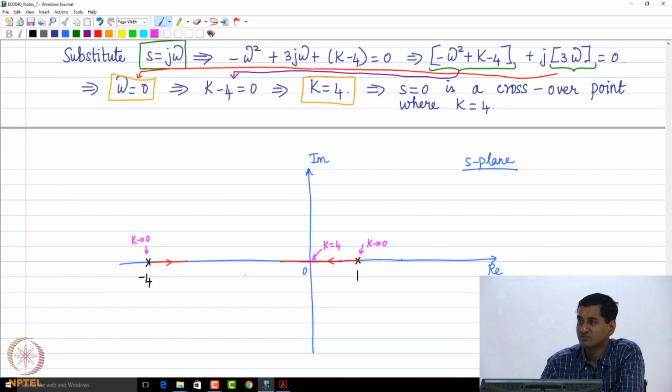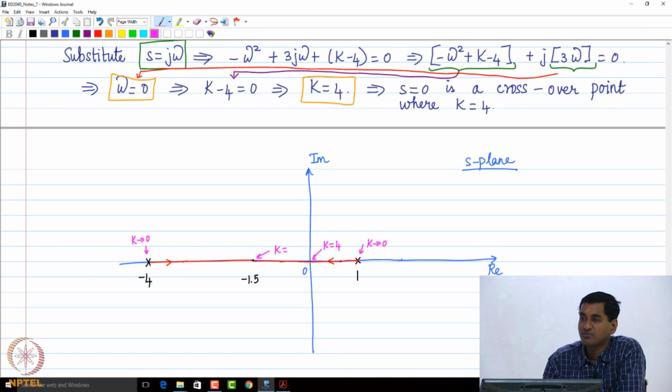And where do these 2 branches intersect? At -1.5, right. So, that was the breakaway point. Let us say I have -1.5 to be somewhere here. So, what is going to happen is that they come here and then they intersect each other. And what is the value of k at -1.5?